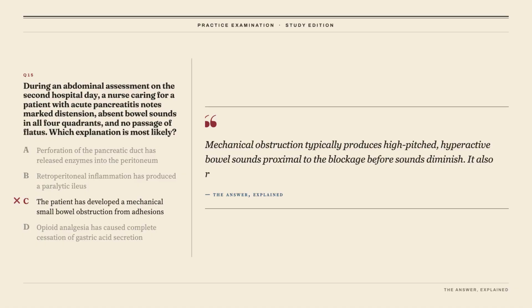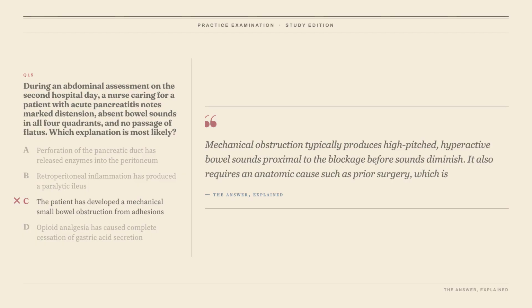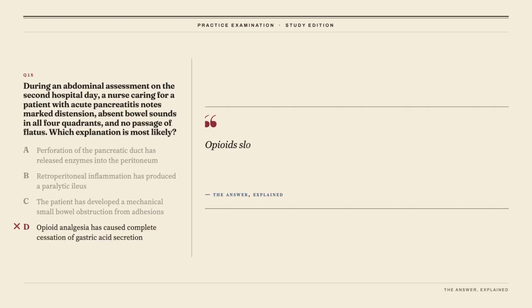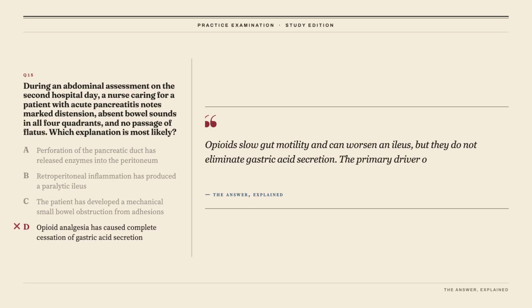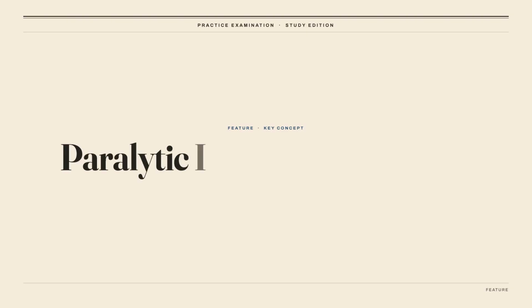It also requires an anatomic cause such as prior surgery, which is not described. D is wrong because opioids slow gut motility and can worsen an ileus, but they do not eliminate gastric acid secretion. The primary driver of the ileus here is the adjacent pancreatic inflammation.